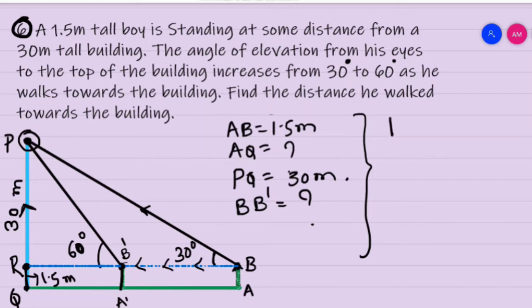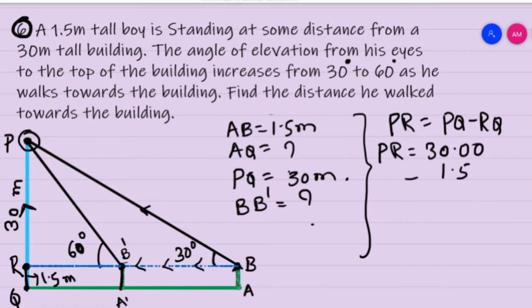Now therefore PR will be equal to PQ minus RQ. So PR will be equal to 30.00 minus 1.5. If you subtract, you will get 28.5 meters. So your PR is 28.5 meters.